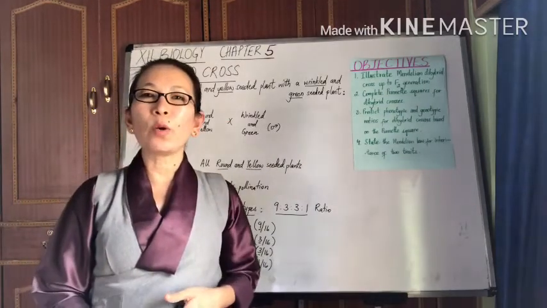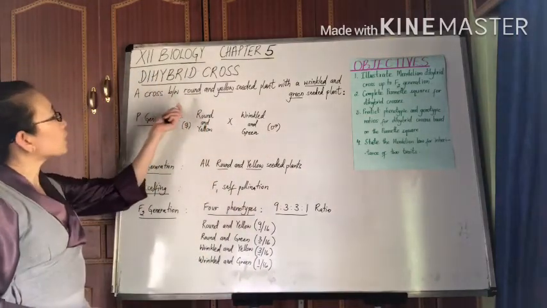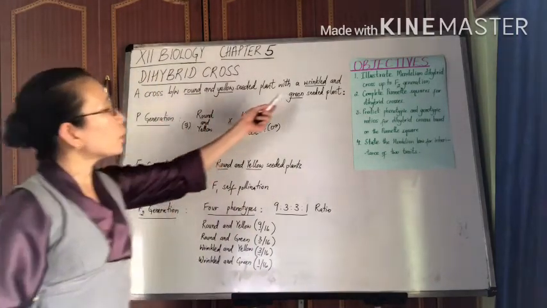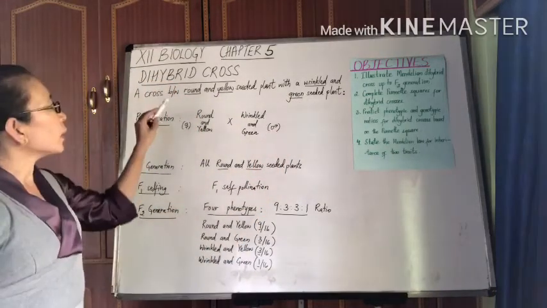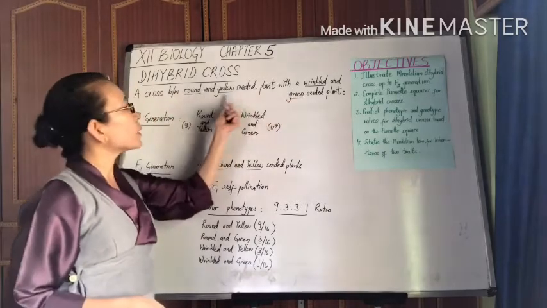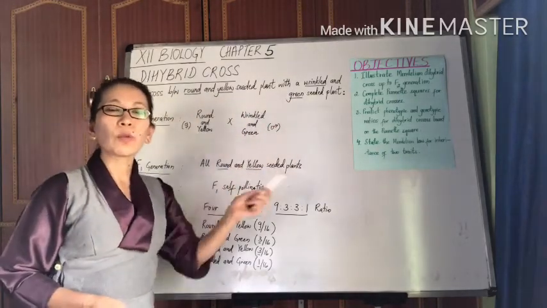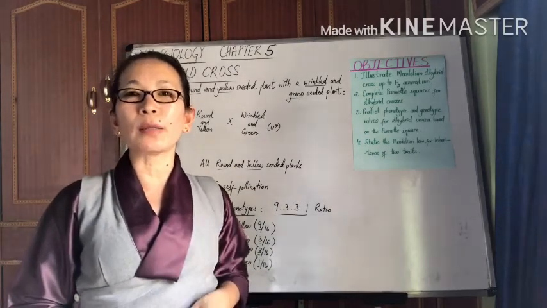Let me now give you an overview of Mendelian dihybrid cross by taking an example of a cross between a round and yellow seeded plant with a wrinkled and green seeded plant. So in this cross, the two parents differed in seed shape and seed color. Now, we must also remember that Mendel always selected 2 breeding lines for his parental generation.